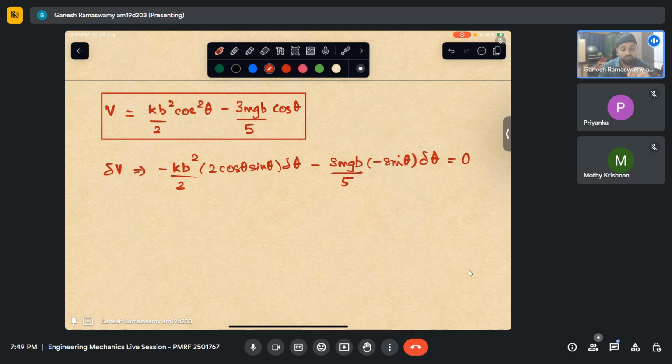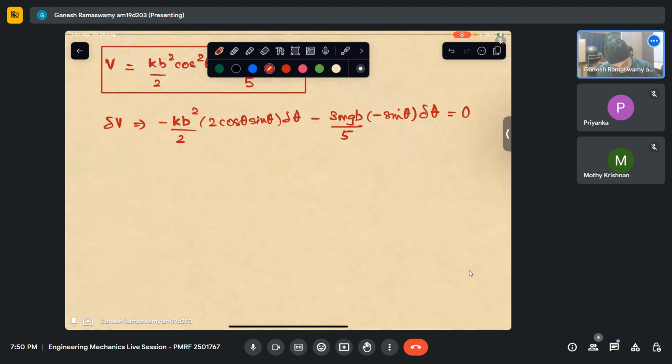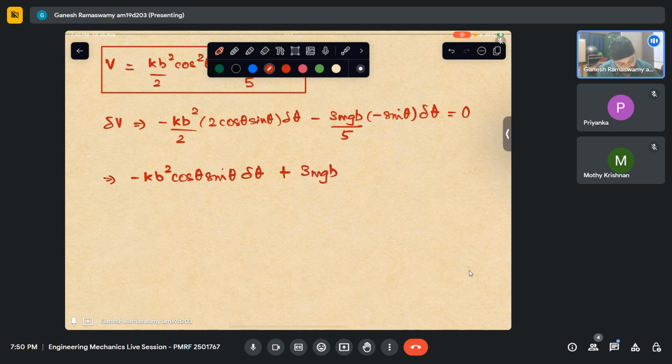We simply differentiate this and equate it to 0. So what will this come out to be? It will be minus KB squared cos theta sin theta delta theta plus mgb by 5 sin theta delta theta equal to 0. This is the expression we have got.